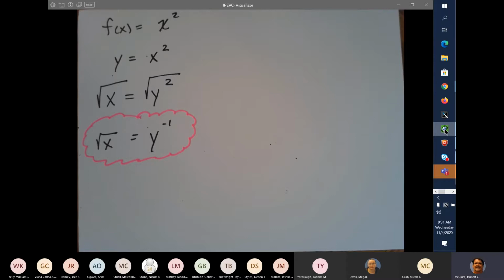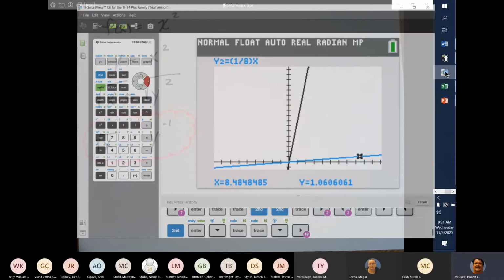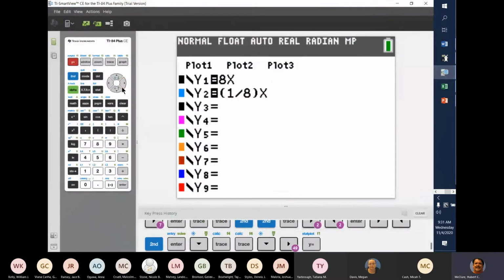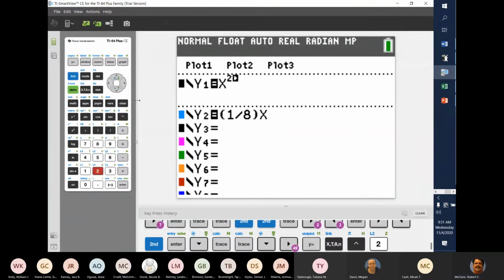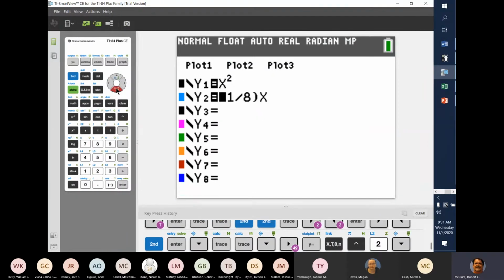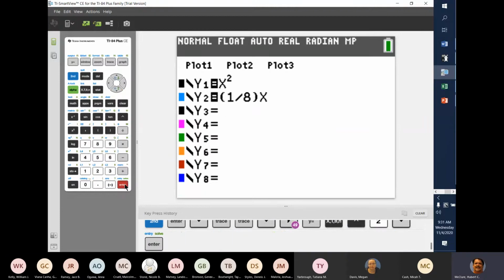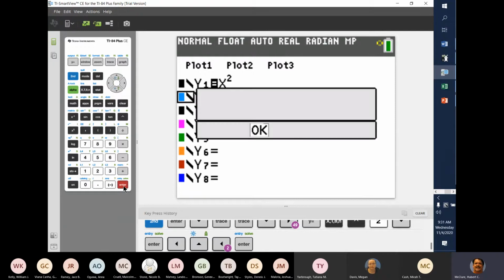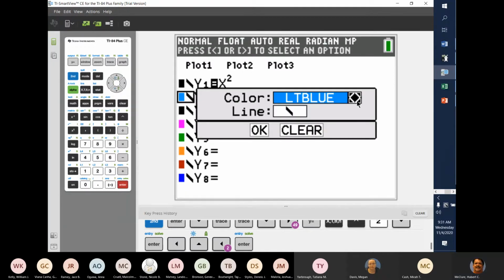So if I was to graph this, y is equal to x squared, and then I change this one to pink, since I've got a pink.